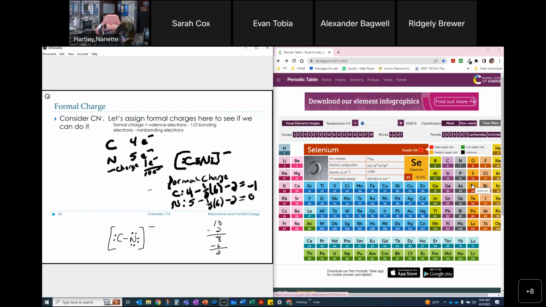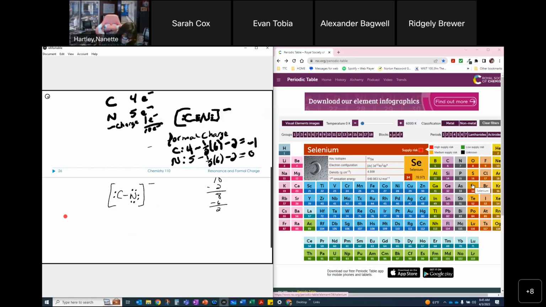And so my formal charge for carbon in this particular drawing would be equal to the number of valence electrons that carbon brought to this party, which was 4. So that's the number that I had up here. And then I'm going to subtract half of the electrons that are in the bond.